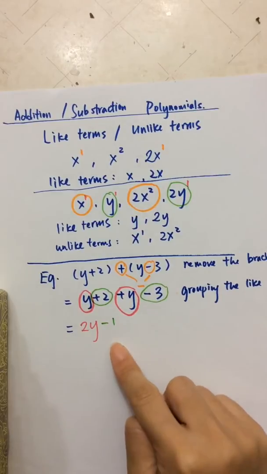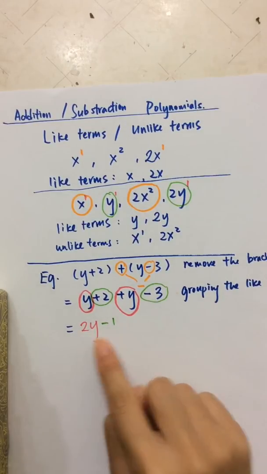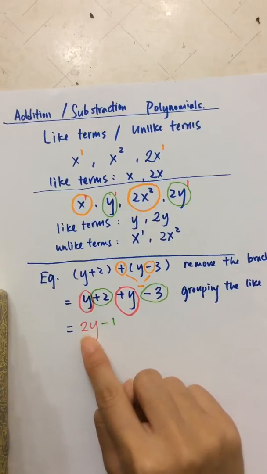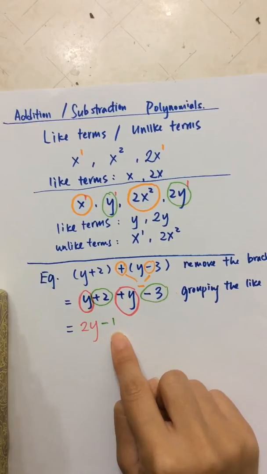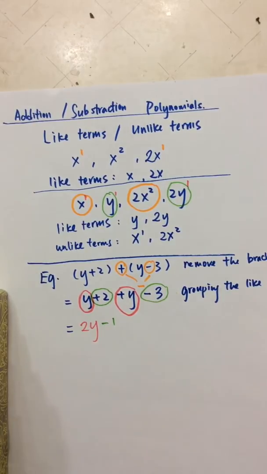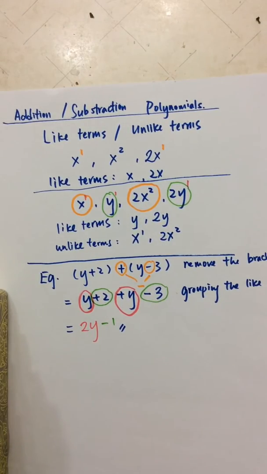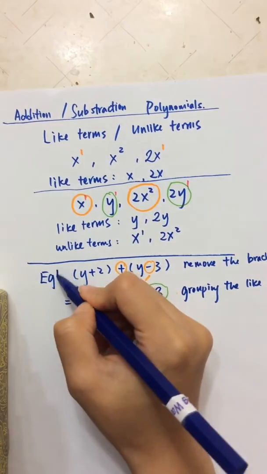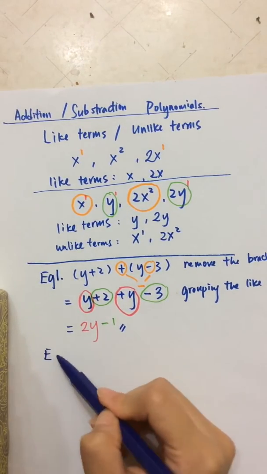Yes, because they cannot be calculated together, as they are unlike terms now. y cannot be combined with the constant, or you can call it the number. So it will be finished, okay? This is example 1, and then we will go through example 2.